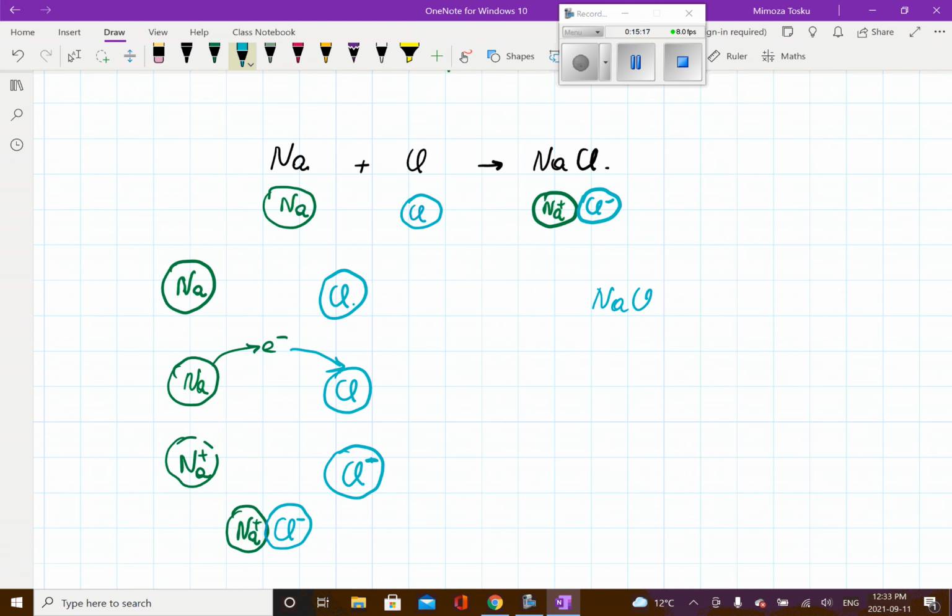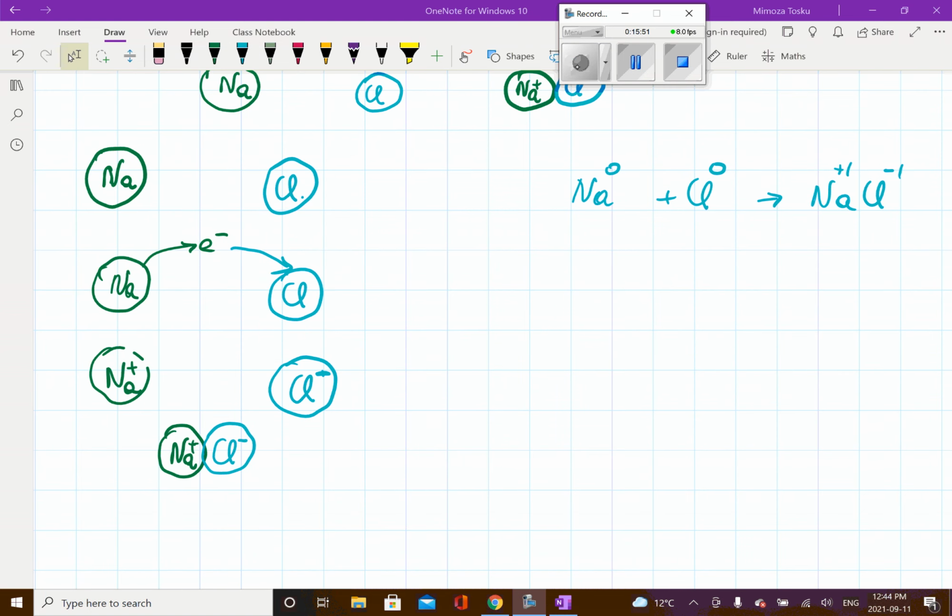Sodium plus chlorine will give us sodium chloride. The oxidation numbers for sodium and chlorine are zero since we have atoms, and when they are in the compound, sodium will have an oxidation number of +1 and chlorine will have an oxidation number of -1.